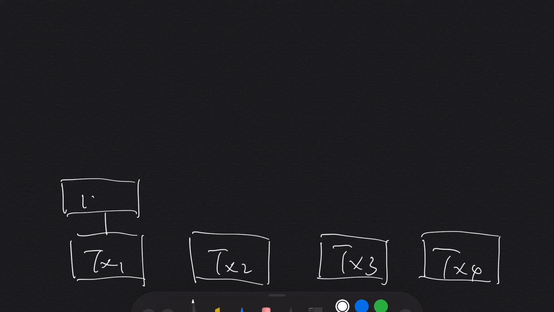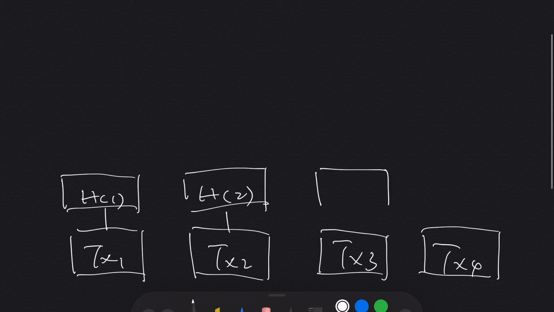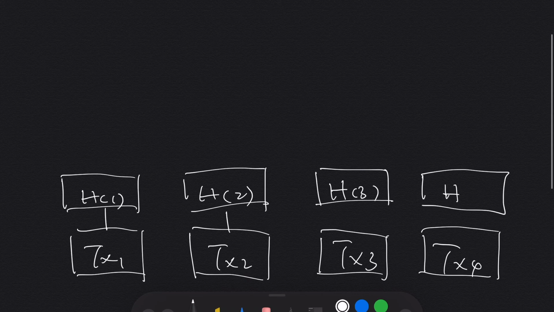For example, this is hash 1 and hash 2. This hash value is actually the transaction ID. So in this case, the miner doesn't need to actually do the hashing because it's already in the transaction ID. So this is ID 3, ID 4, ID 2, and ID 1.